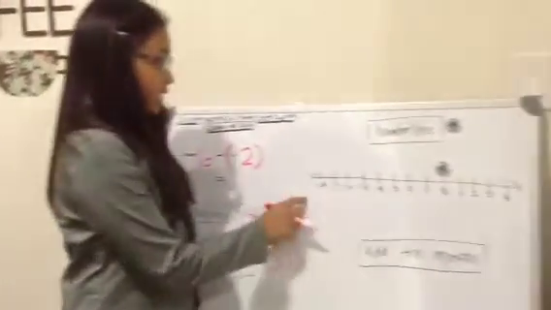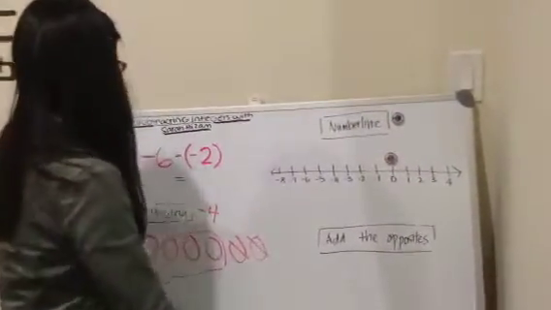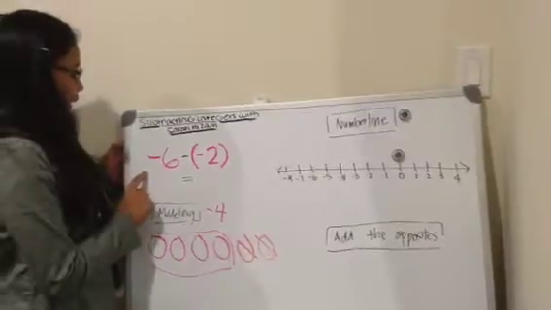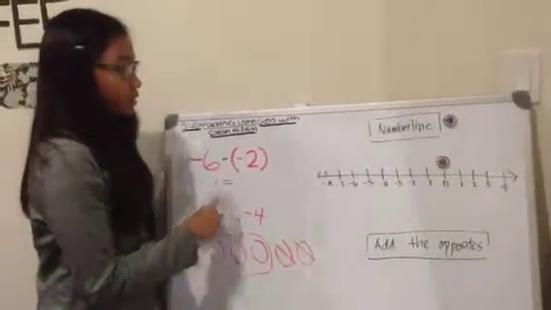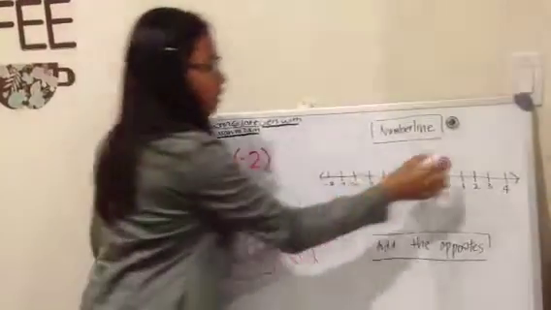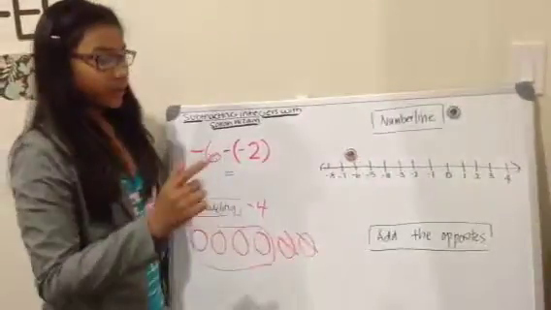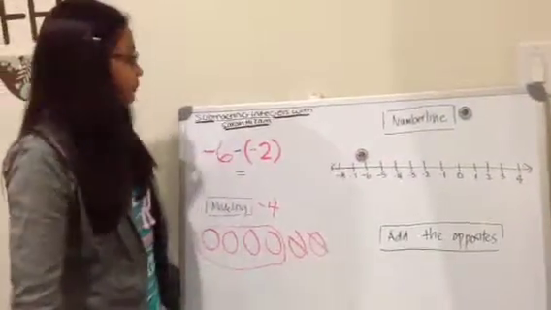Now, the second strategy that we're going to use is a number line. It says here in the equation to move backward 6 since it's a negative number. So we have to move backward 6, still pointing to the positive direction.